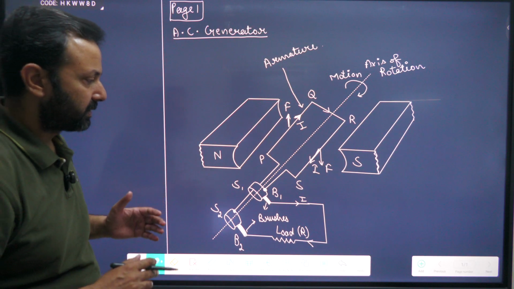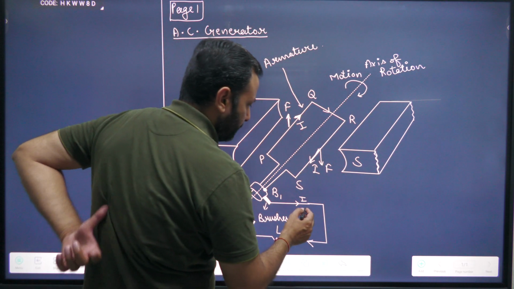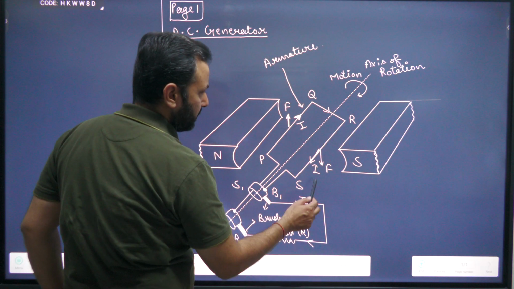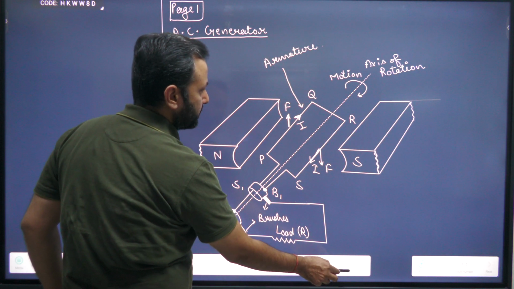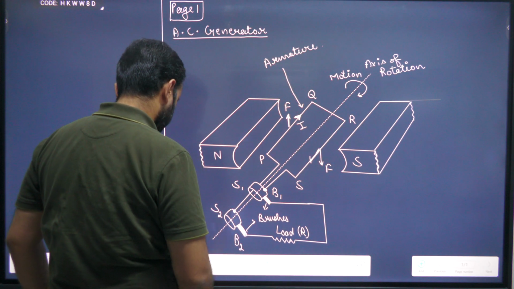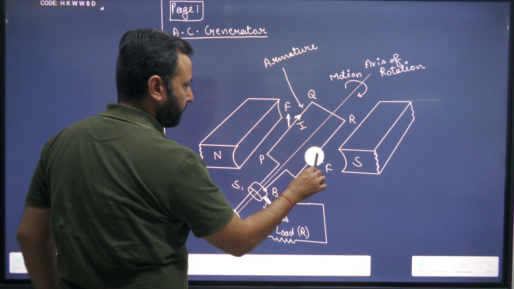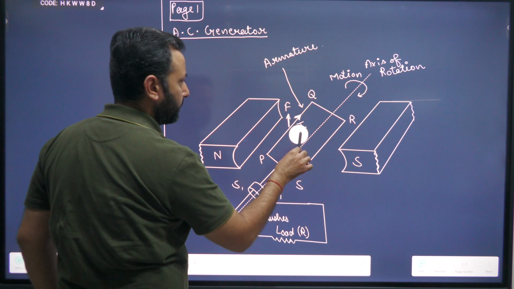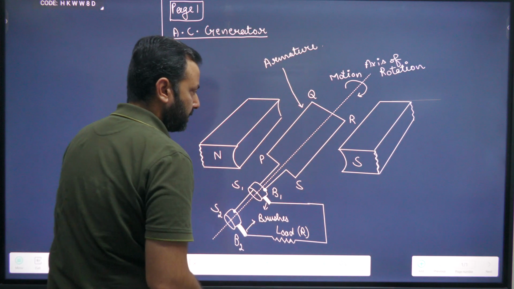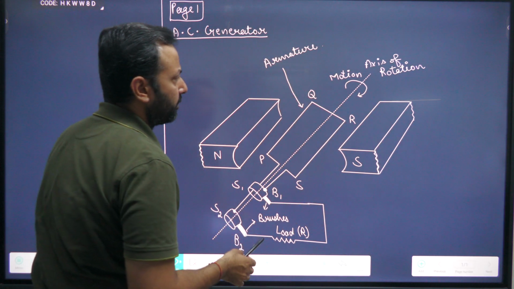Now secondly, what we can see. Firstly, current is moving like this. Secondly, I am removing all this. Now, what will happen?